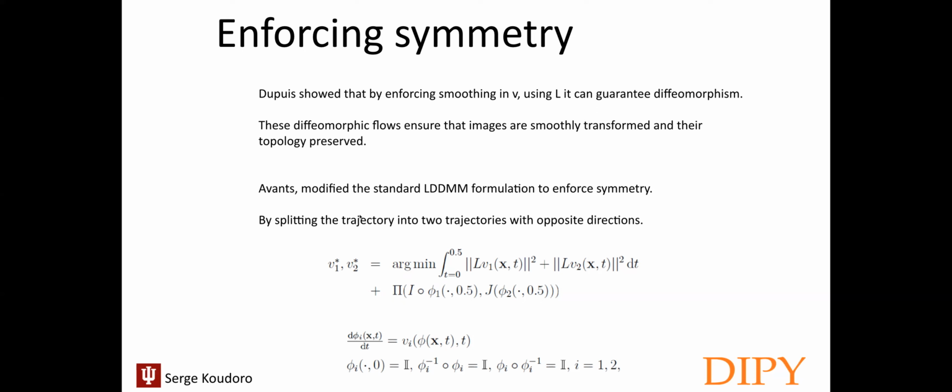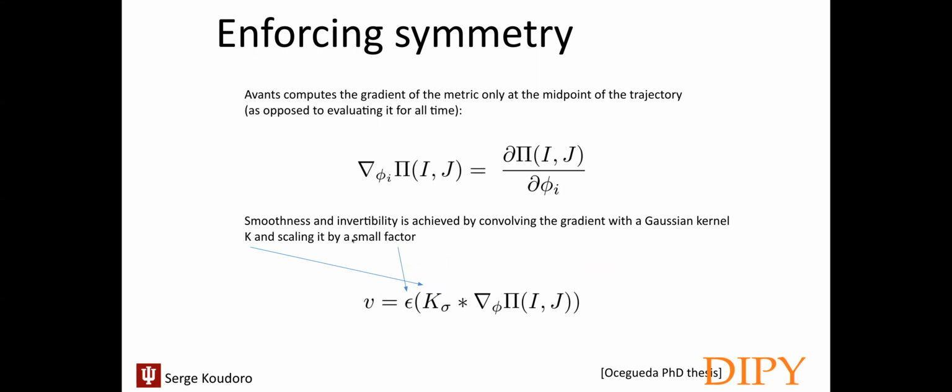SyN modifies the standard LDDMM formulation to enforce symmetry by splitting the trajectory into two trajectories with opposite directions. So you will commonly see that in the SyN algorithm, you have a mapping forward and a mapping backward of your data. SyN computes the gradient of the metric only at the midpoint of the trajectory.